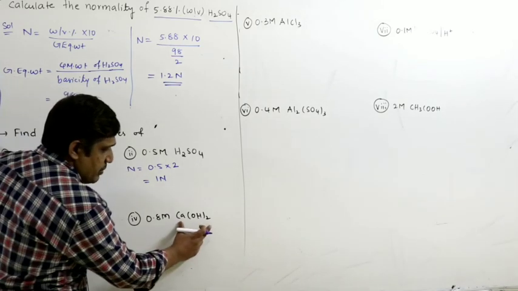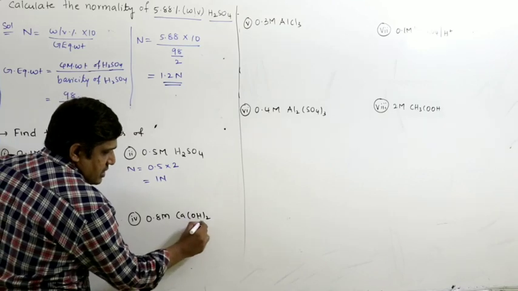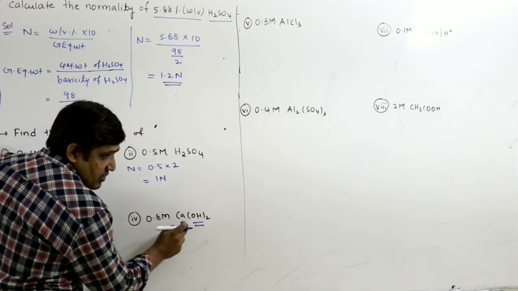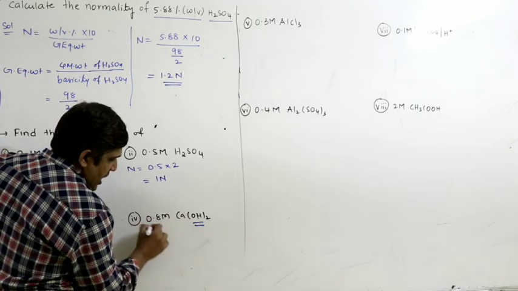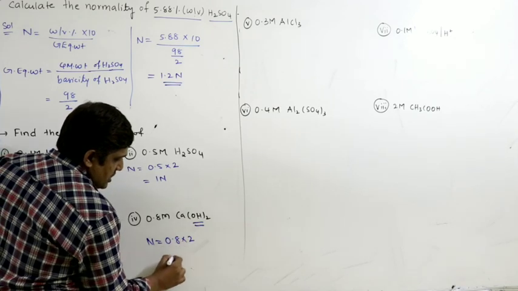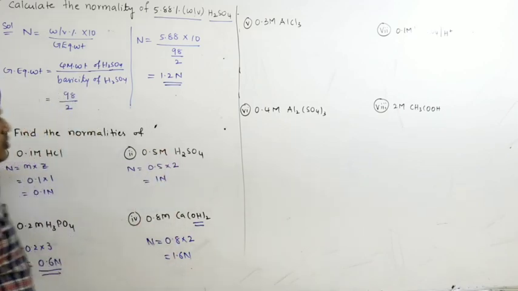Right, next, this is a base. You can see there are two replaceable OH minus ions. Therefore, acidity of this base is 2. That means valency is 2. So, normality equals molarity, that is 0.8 into acidity of base, that is 2. This is 1.6 normal.